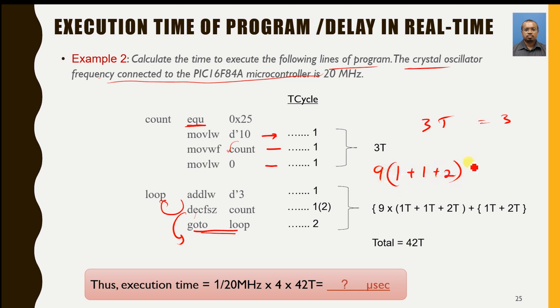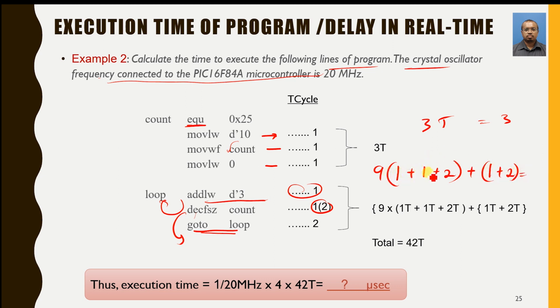Okay, we have 9 times, plus the last one was 1. We have this one here, and then this one is 2. So 9 times, it will loop. The last one, loop number 10, it will go out. So plus 1 plus 2 times 1 equals 2.